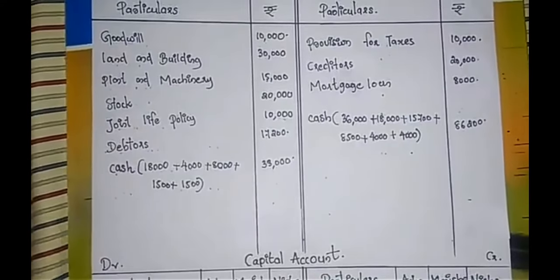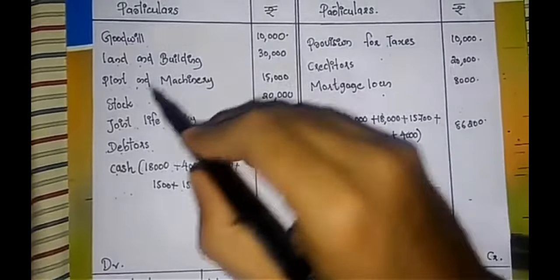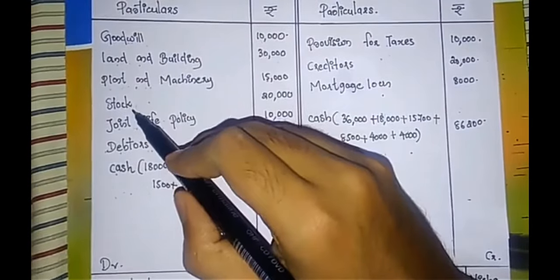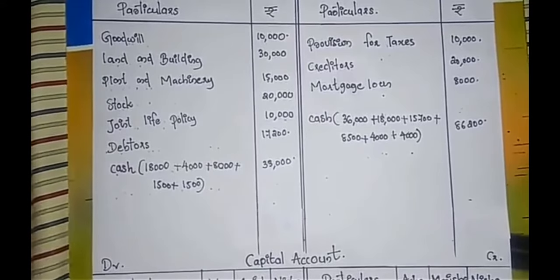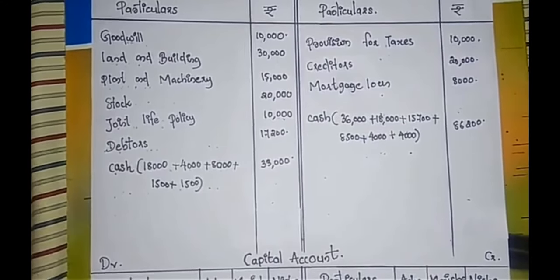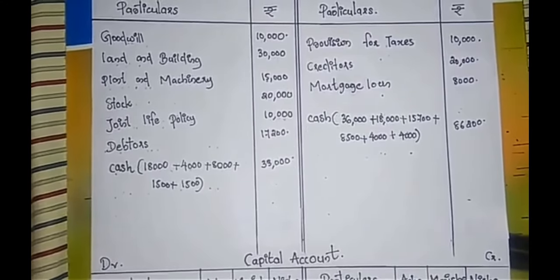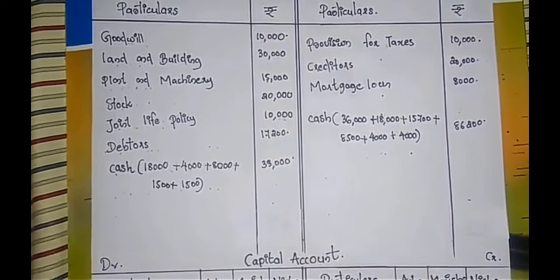In this problem there is one more item to realize, that is stock. We don't realize the stock yet. So in the question, in the adjustment it is saying that Manisha took over stock at rupees 17,000. So we need to write in the credit side of the realization account Manisha's capital rupees 17,000 because Manisha took over the stock.